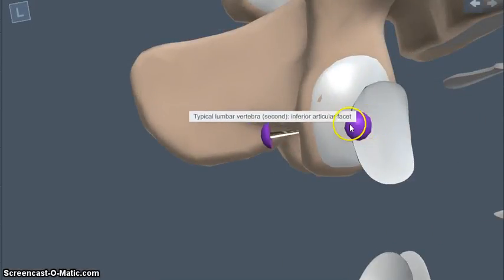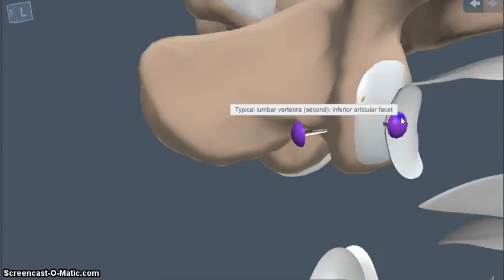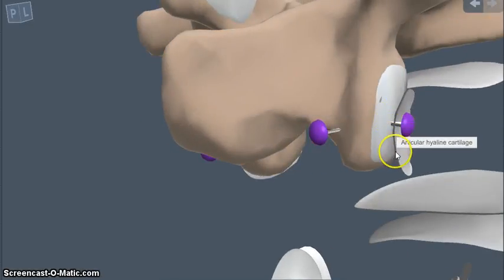Now, as far as terminology is concerned, we do not typically want to call them facet joints, but zygapophyseal joints. Facet joints can be any flat surface that articulates, and the proper name of these joints is the zygapophyseal joints. They're covered with articular hyaline cartilage.